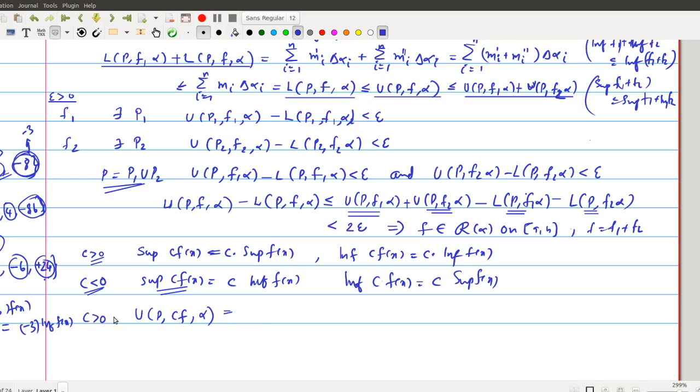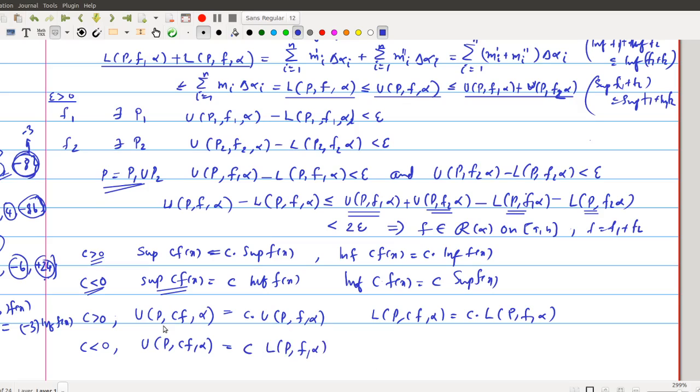If c is greater than 0, U(P, cf, alpha) equals c times U(P, f, alpha), and L(P, cf, alpha) equals c times L(P, f, alpha): same upper sum, same lower sum. If c is a negative number, c less than 0, then U(cf, alpha) will be c times L(f, alpha): the supremum of a negative multiple corresponds to the infimum, hence the lower sum.